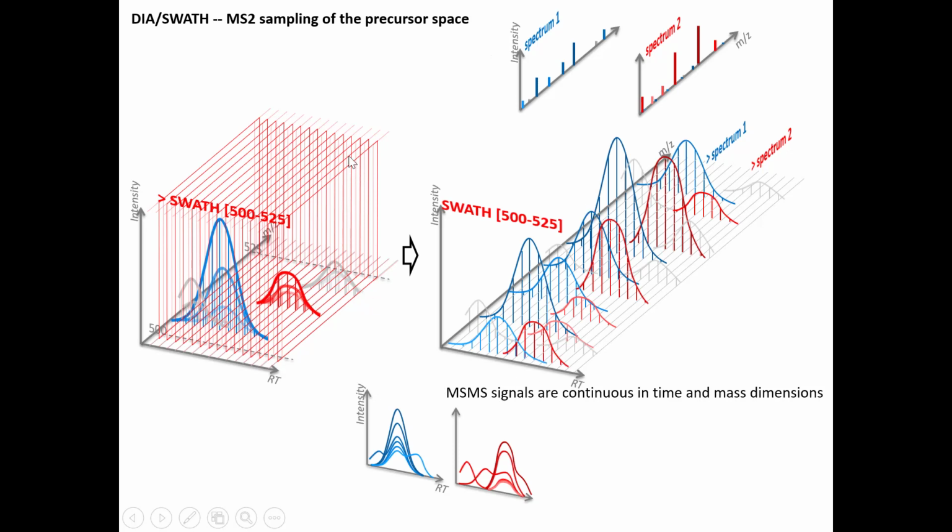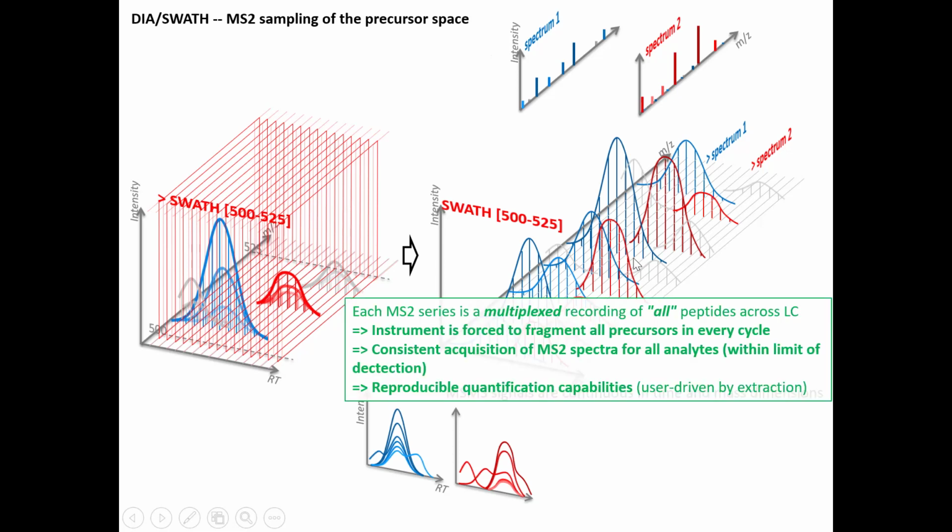But the take-home message from this slide is that the way that we achieve this continuous coverage in the mass dimension is by using this large precursor isolation window where all the blue and the gray and the red peptides are co-isolated together, co-fragmented together, and you end up with this very highly complex MS2 data. So each of these MS2 scans is a multiplexed recording of essentially all the peptides across the LC, or all the peptides that are within the detection range of the instrument and are ionized.